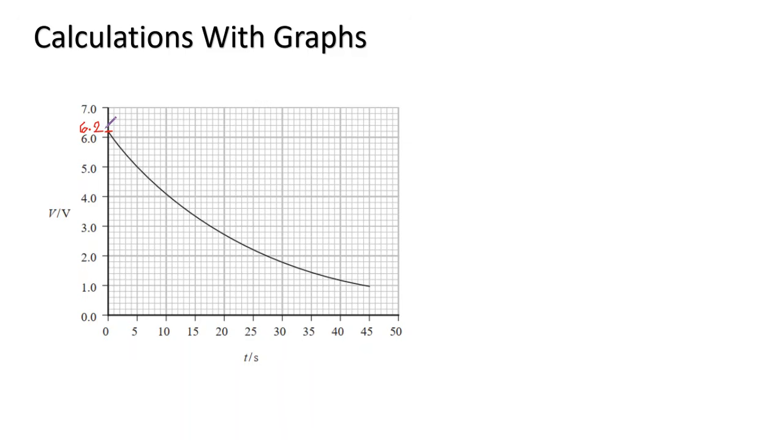Always remember, time constant is the time taken for the initial value to drop down to 37%. So 37% of 6.2 is 6.2 times 0.37. That gets you 2.3, which should be very close to 2.2.